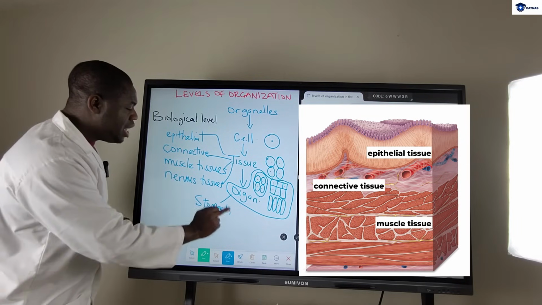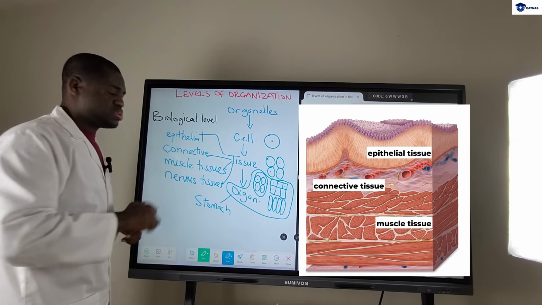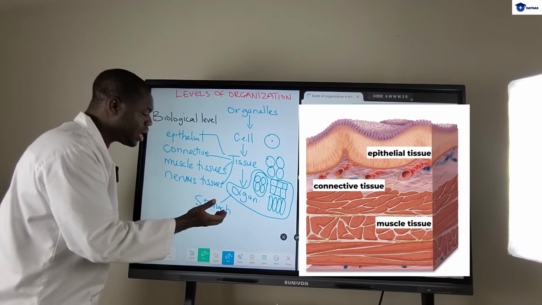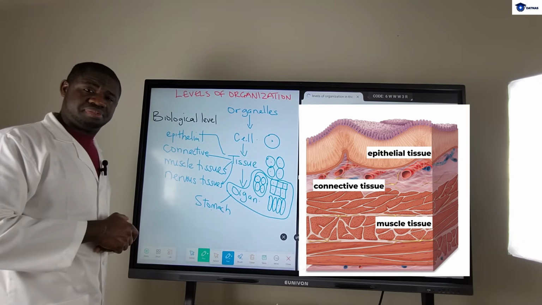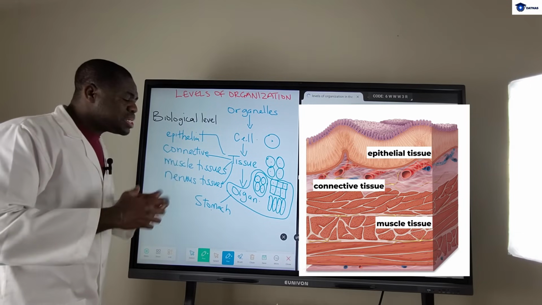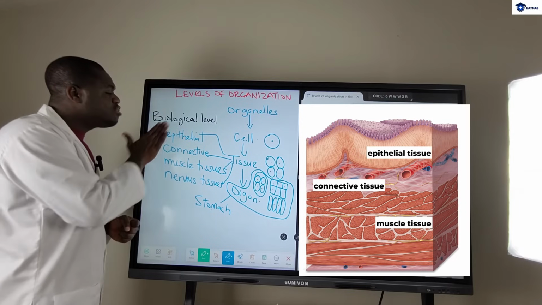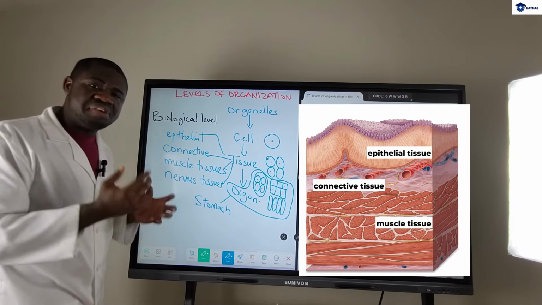The middle layer of the stomach is made up of muscle tissues. The stomach also contains nervous tissues. So what we're saying here is that an organ is a combination of tissues that are different in functions.